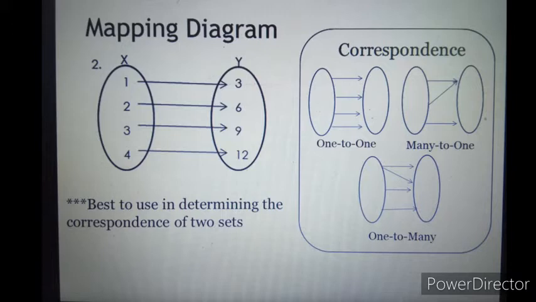Two sets are said to be a function if the correspondence is either one-to-one or many-to-one, but not one-to-many. If the two sets are in one-to-many correspondence, it is not a function. Since this example is a one-to-one correspondence, this representation is a function.